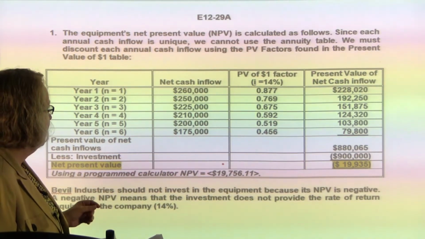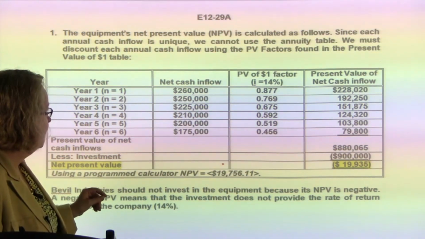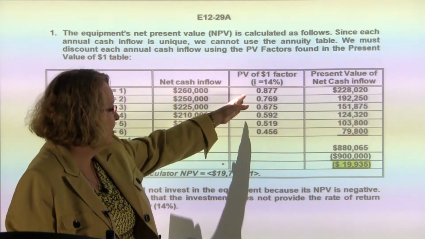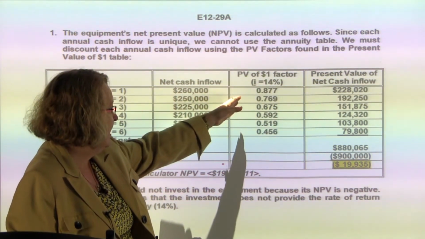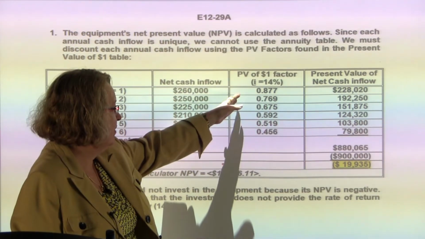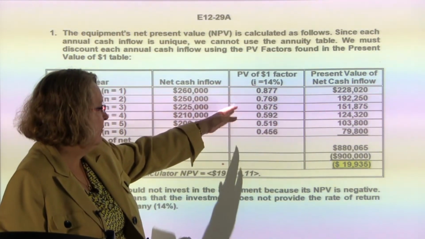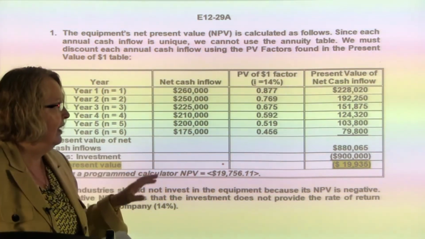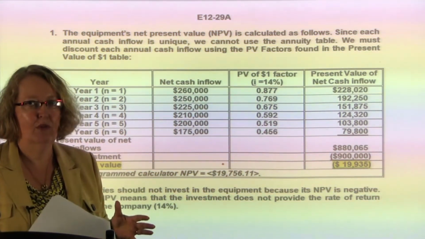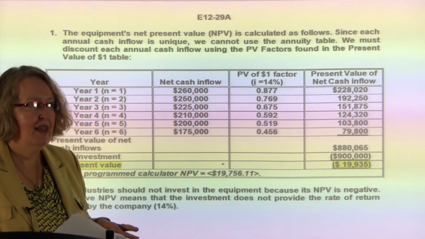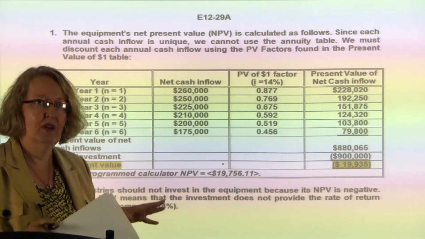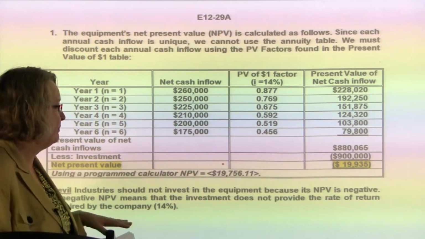So all we're doing here is we're just multiplying the factor, so with interest equal to 14% and the number of years equal to 1, you come up with the factor. So the reason why you have a present value for year 1, in this case you're assuming that the cash flow is not going to come in till the end of the year, so you want to present value that back.